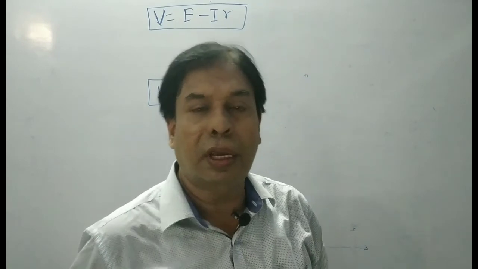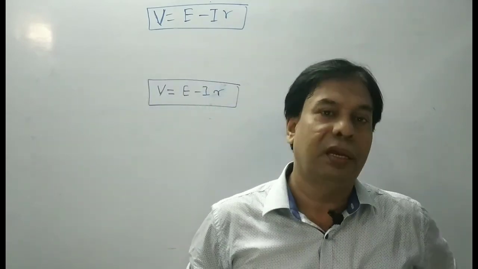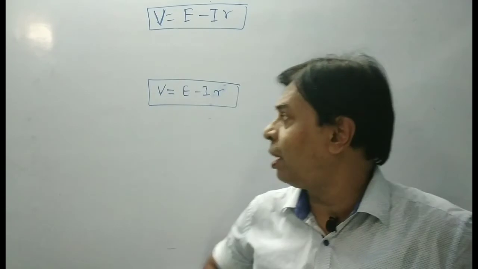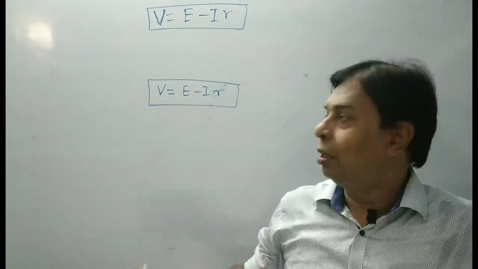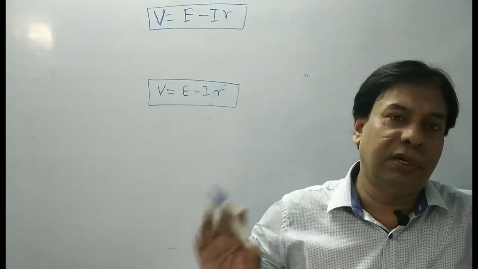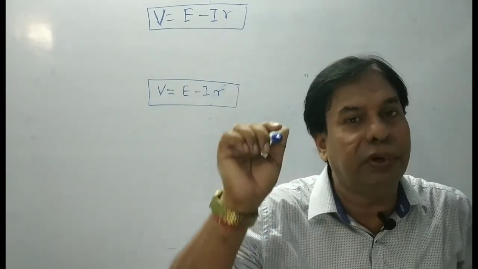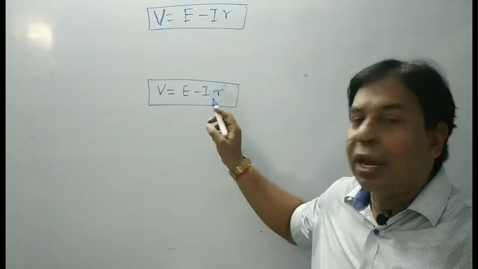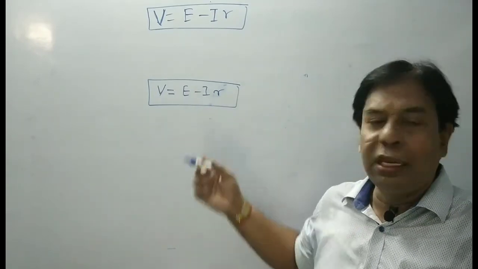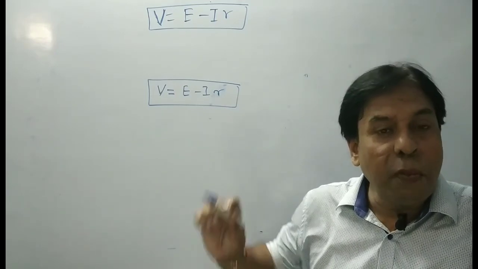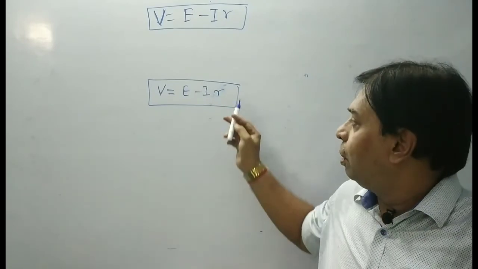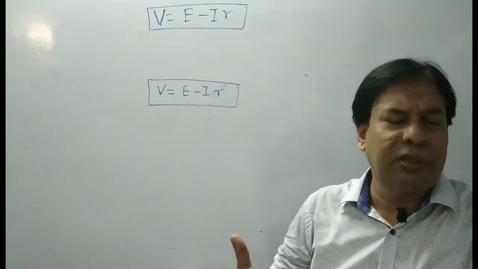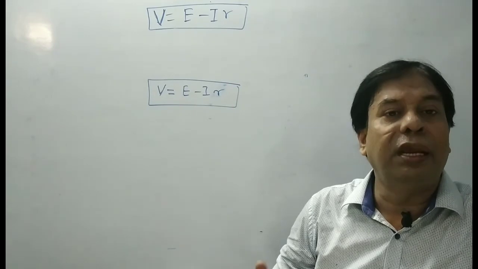बच्चों देखो, ये कंसेप्ट अच्छे लोगों को ठीक से समझ में नहीं आता है. लोग बाकी केवल फॉर्मूला को याद कर लेते हैं और उसके बाद आगे बढ़ते हैं. मैंने कई बच्चों को देखा है कि यहाँ स्मॉल आर की जगह कैपिटल आर ही यूज कर देते हैं, जिसके कारण क्वेश्चन ही गलत हो गया. आपको क्लियरली कंसेप्ट में ये चाहिए, ये आर जो है इंटरनल रेजिस्टेंस ऑफ द सेल है, आई जो है करंट फ्लोइंग थ्रू द बैटरी है, ई इज द ईएमएफ. जो पोटेंशियल डिफरेंस आउटसाइड मिल रहा है हमको, इस लॉस के बाद मिल रहा है. ये लॉस हमारा बैटरी के अंदर ही हो जाता है. नो डाउट समटाइम्स इट इज वेरी स्मॉल, बट it is there.